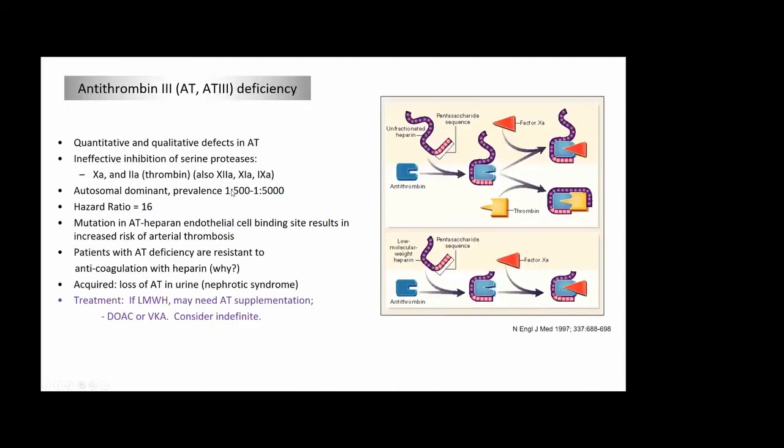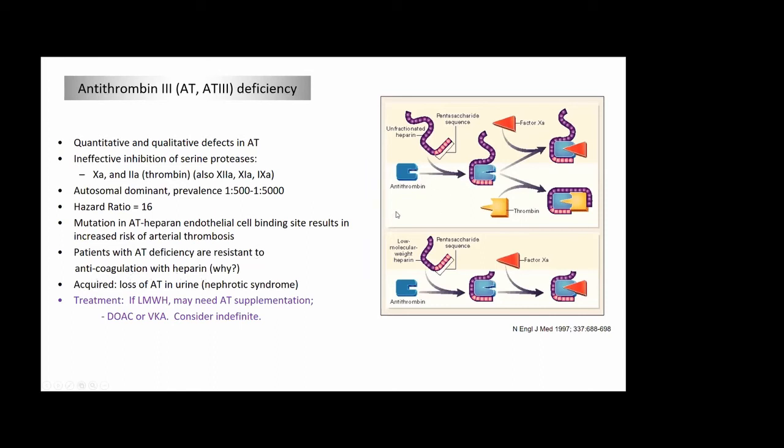Antithrombin deficiency is also roughly 1 in 1,000 in the general population. It's a stronger thrombophilia, and the hazard ratio is somewhere like 16 to 20. The patients with antithrombin deficiency may be resistant to anticoagulation.